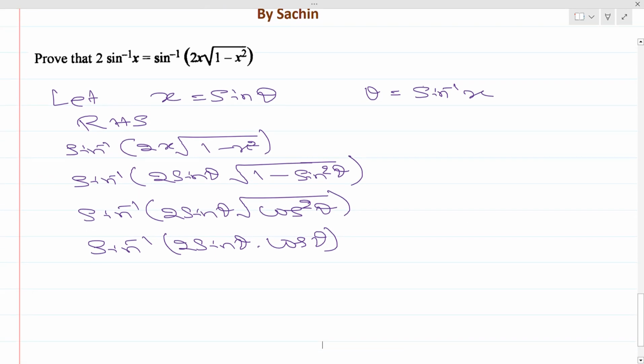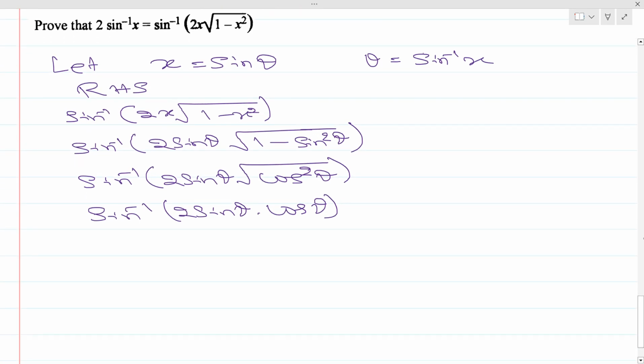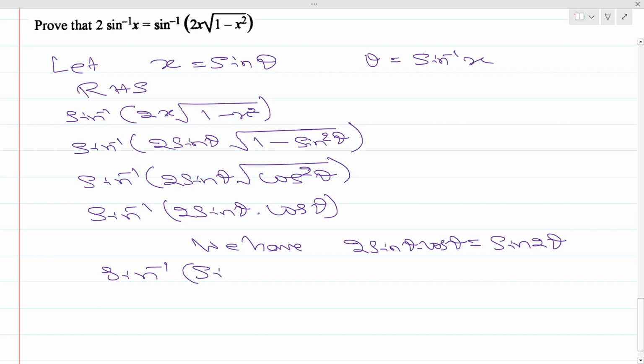So we can continue here using the trigonometric formula. We have 2 sine theta cos theta is equal to sine 2 theta. Therefore, if I substitute that, I get sine inverse of sine 2 theta. Now I can cancel the sine inverse and sine of the inverse trigonometric function, and this becomes 2 theta.